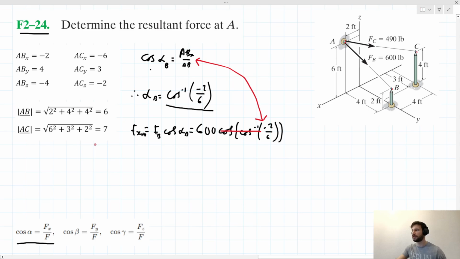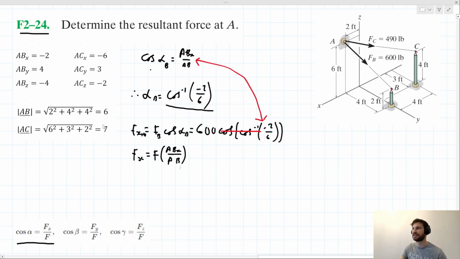over AB idea. So how might we go ahead and generalize then? Well, using this idea, we might say that the x component is equal to its magnitude, let's just call it F, times the x component of the position vector that it's in line with, over the magnitude of the position vector that it's in line with.